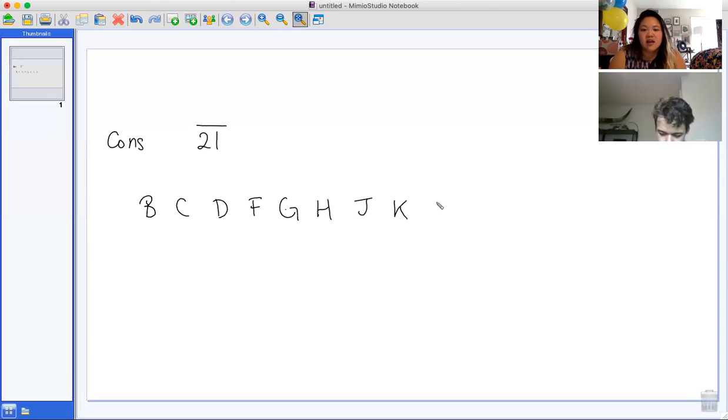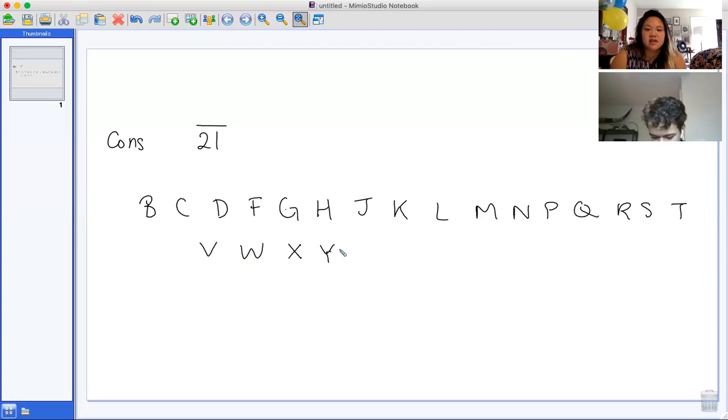J, K, L, M, N, P, Q, R, S, T, V, W, X, Y, Z. Right? And that should be 21. 5, 10, 15, 21. Yeah, so there's 21 of these letters. Which ones are we able to have at least one line of symmetry?